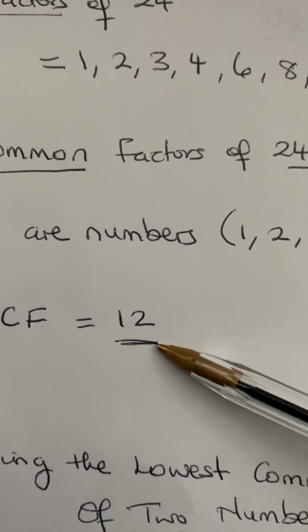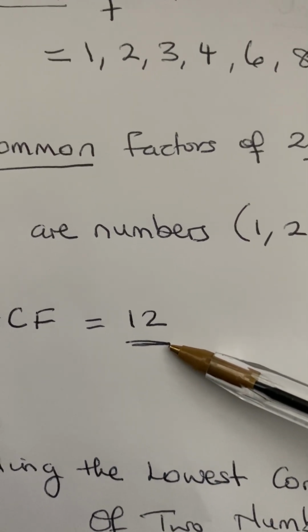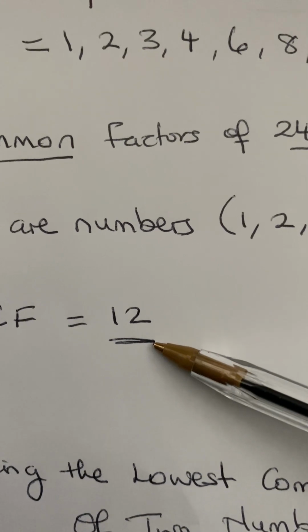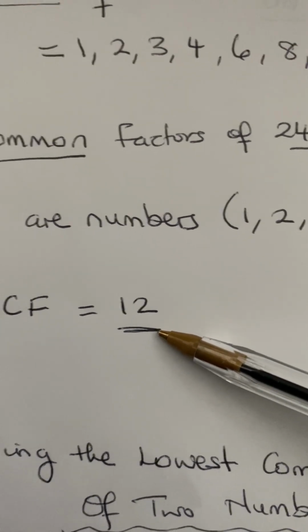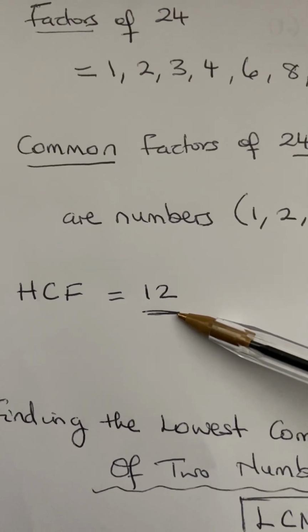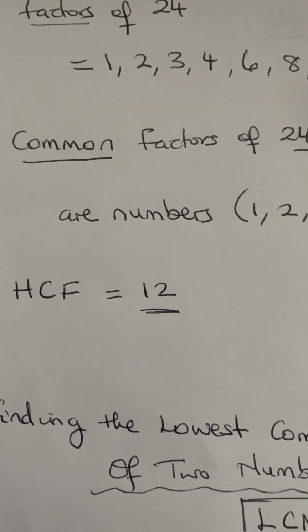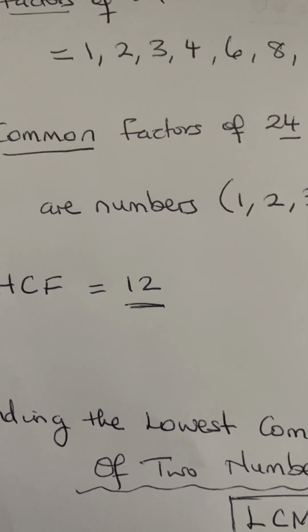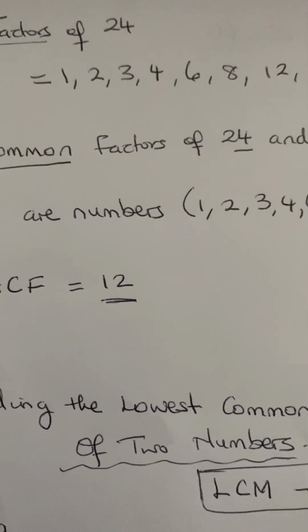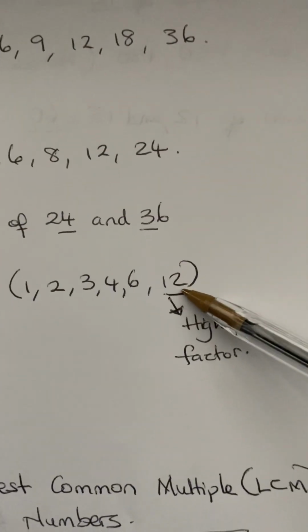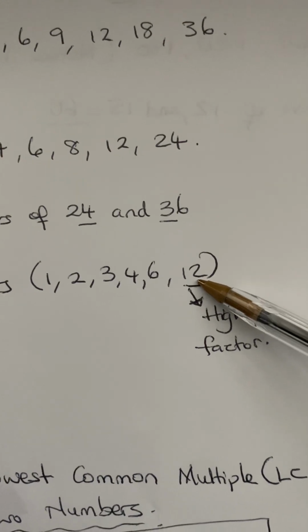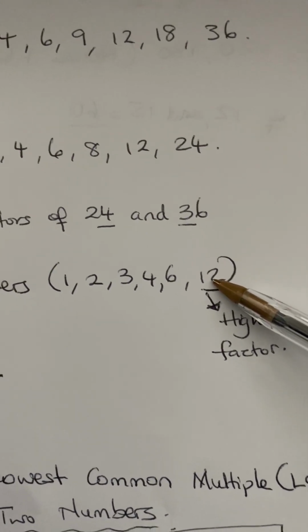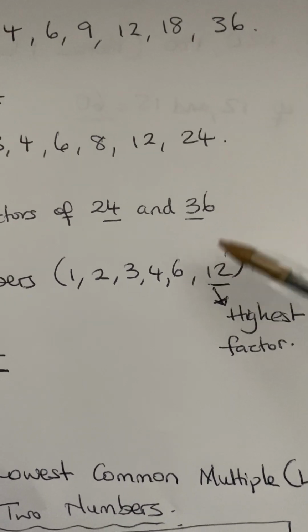Okay, we will do more when we start looking at exam questions. There you will understand, but this is the principle of finding the highest common factor. You want the highest factor that is common to both numbers.